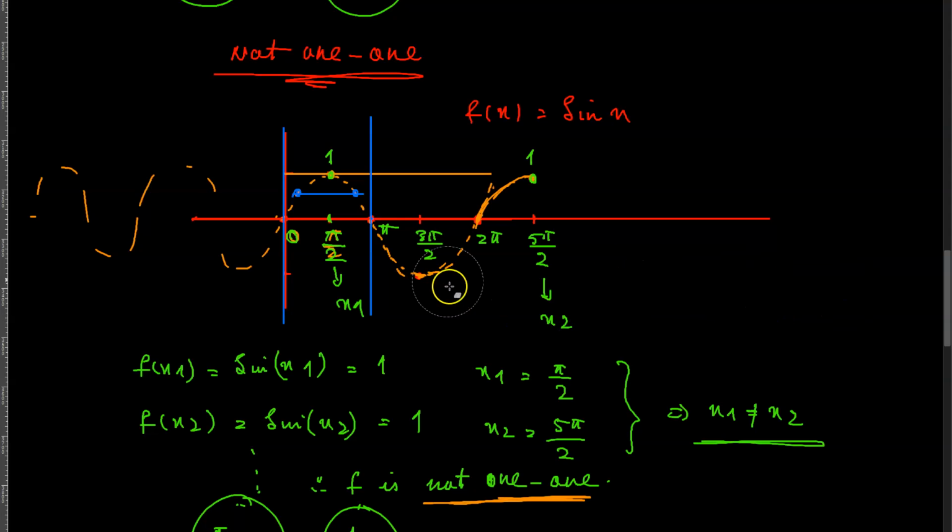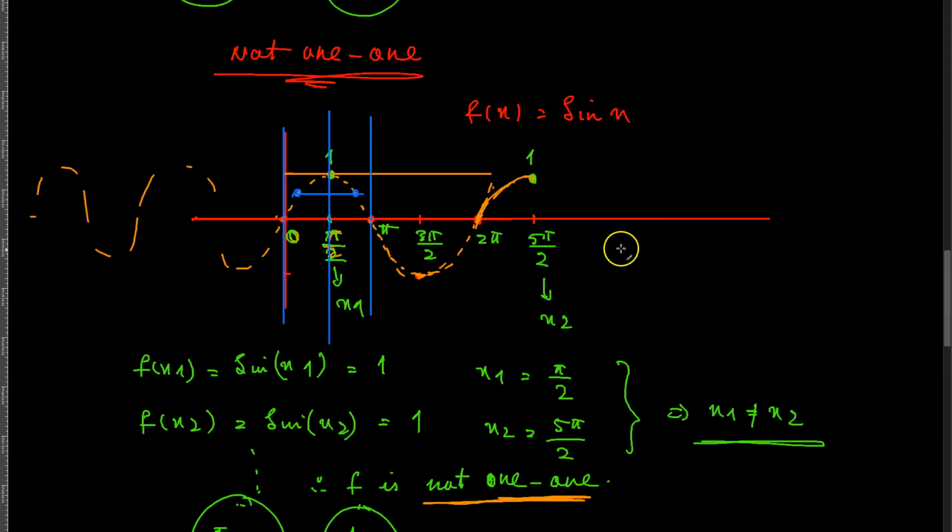So what I can say is that I can go for only this part, meaning 0 to pi by 2, or you can go from negative pi by 2 to pi by 2.